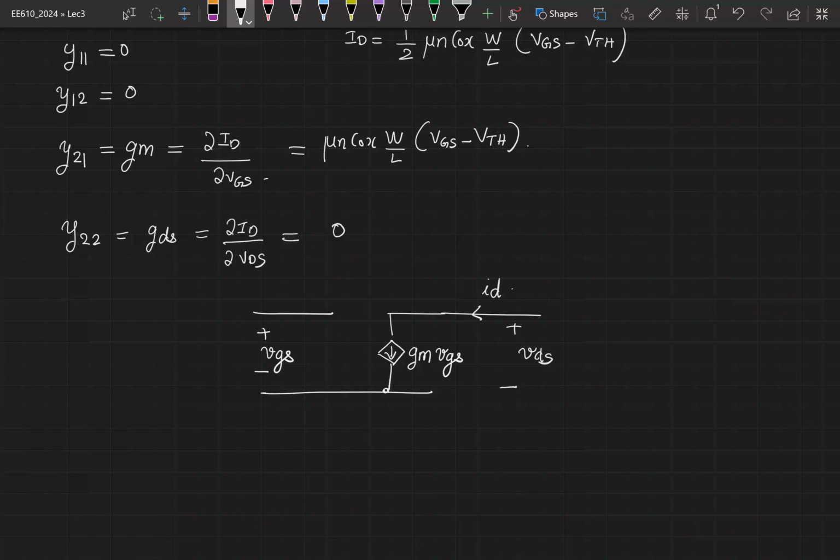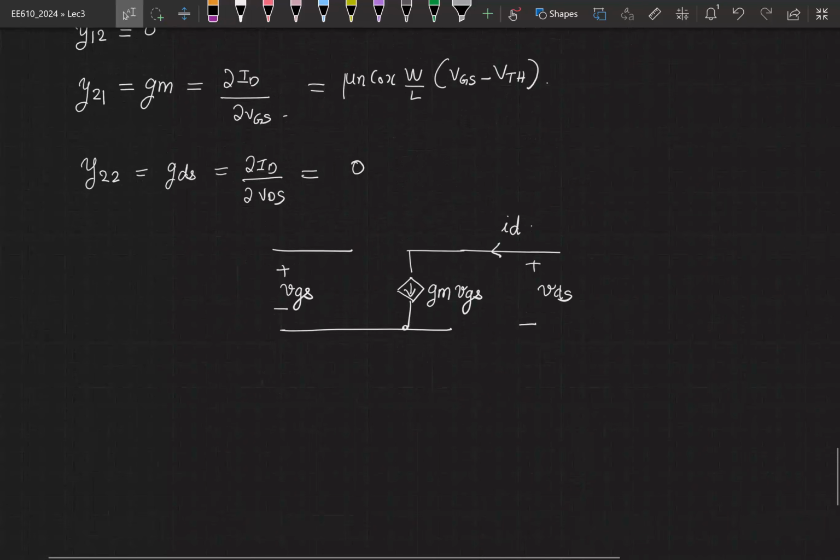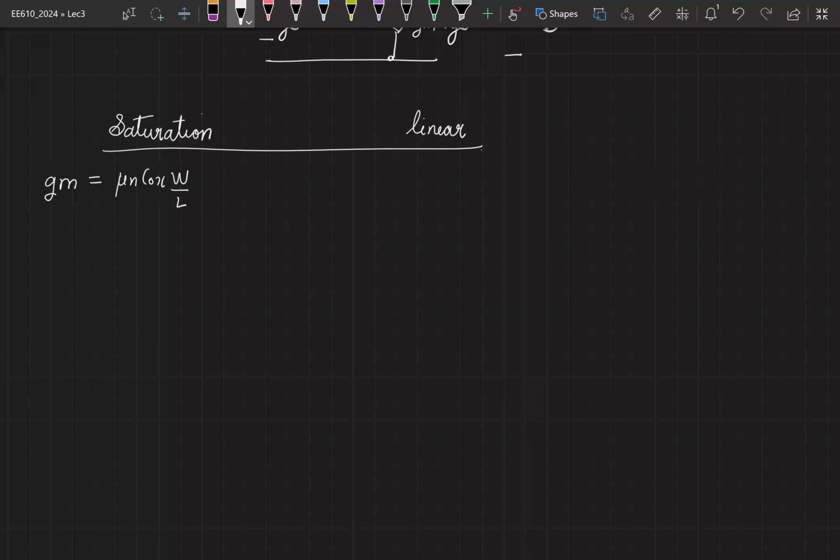So let me quickly summarize the incremental parameters we have seen. We have seen these values in both the saturation region and the linear region. In the saturation region, GM was equal to, please look at your notes and read out the answer, mu n COX W by L into VGS minus VTH.